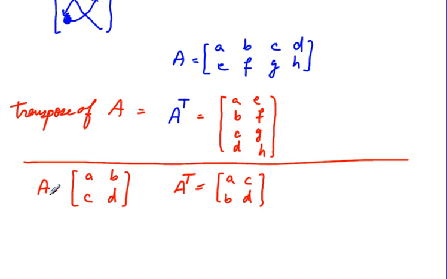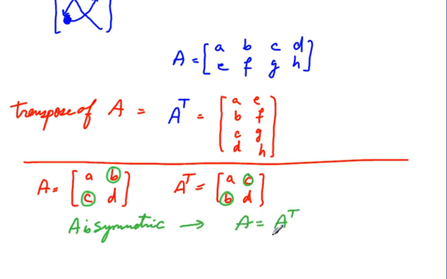If A is symmetric, what happens? If A is symmetric, this B is the same as this C. Which means this B is going to be the same as this C, and this C is the same as this B. So if A is symmetric, what happens is that if you turn it around, you end up with what you got.